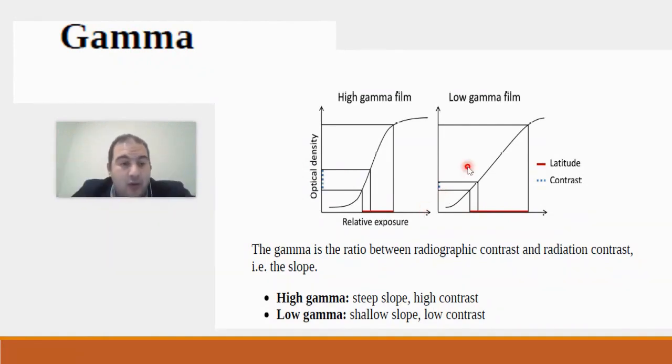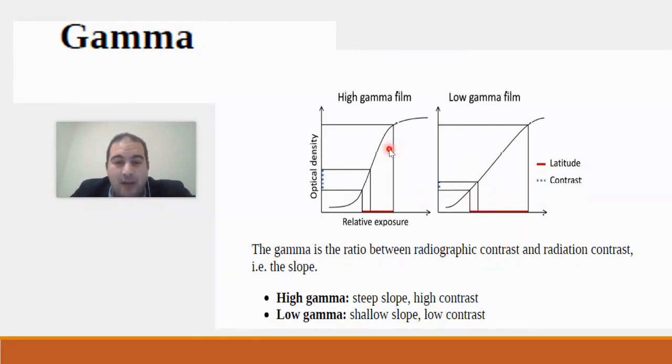Of course, it has an effect on the contrast of the image, especially when we talk about screen film radiography. High gamma, low gamma, shallow slope, low contrast. Be aware that you will find the part I was telling you about, which is your narrow exposure latitude.